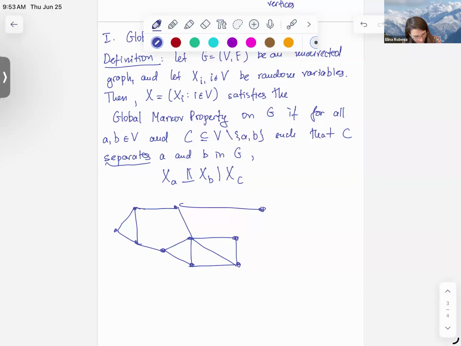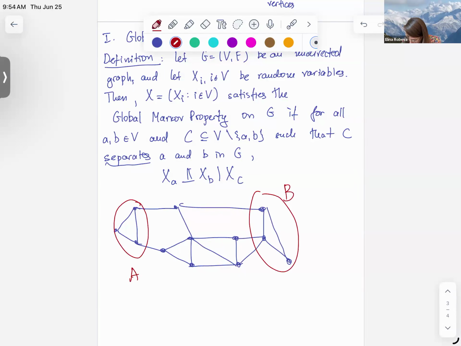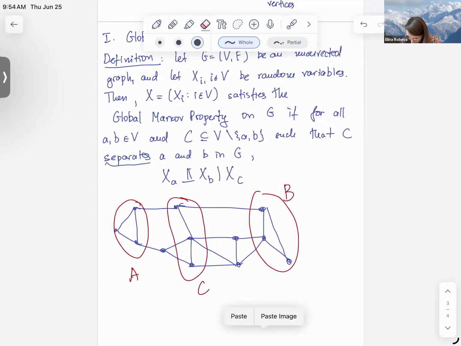Let's say we have this, and so then this could be A, this could be B, and for example, these three could be C. Okay, so I can pick any vertex little a in A and little b in B, and they are separated. If I picked a to be here, b to be here, they're separated by C. Okay, so here's C.